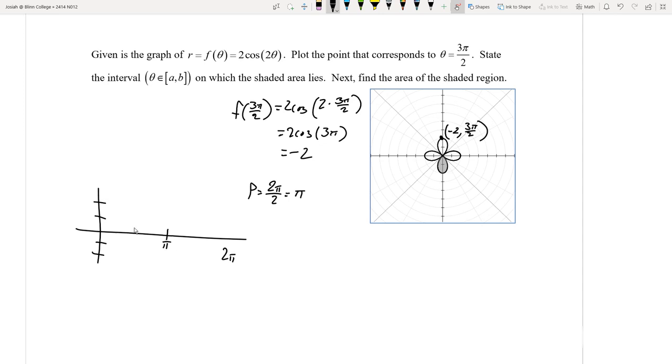But that being said, we're going to need to break up our axis. We have one period here, so we need all of our points represented here. We've got pi over 4 then that we're going to have to graph out. So we've got 2 pi here, we're going to have 3 pi halves here, and we need those midpoints as well here. Right, so we've got 5 pi over 4 and 7 pi over 4.